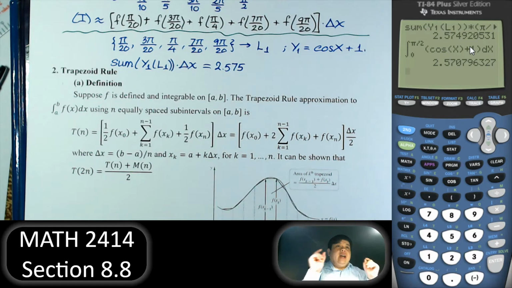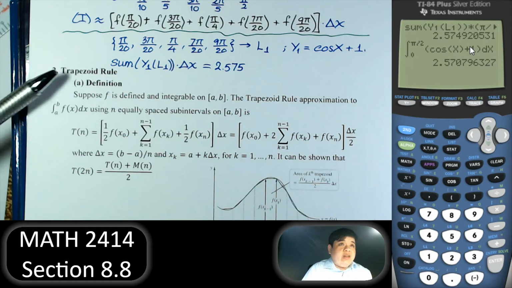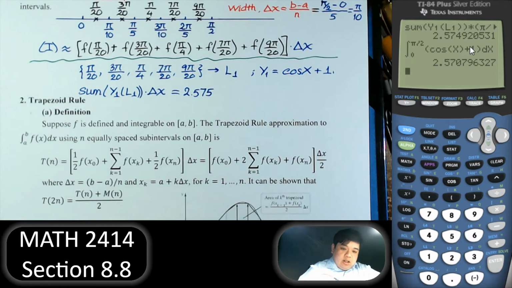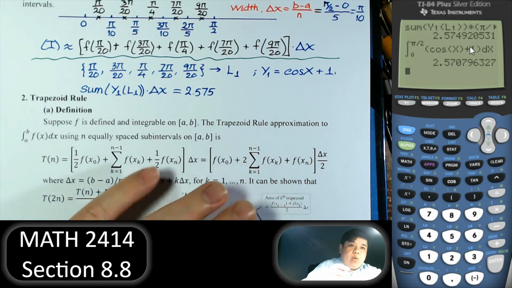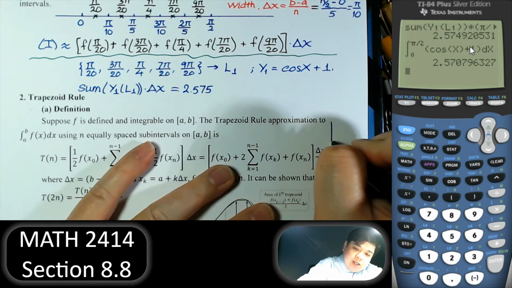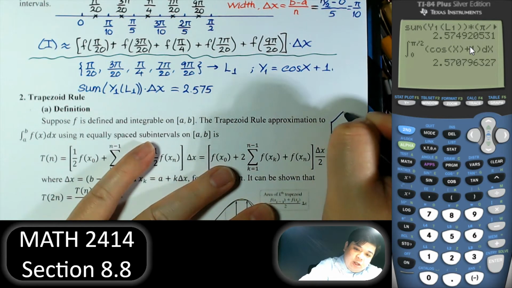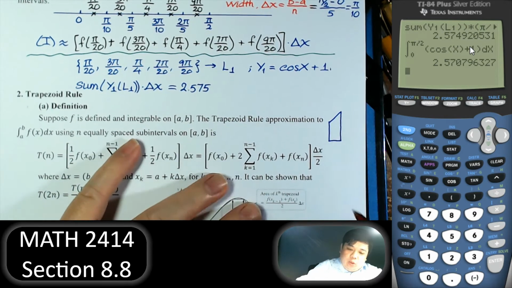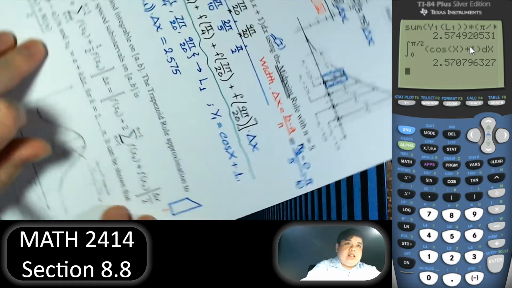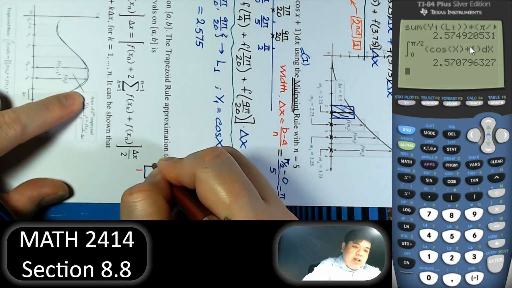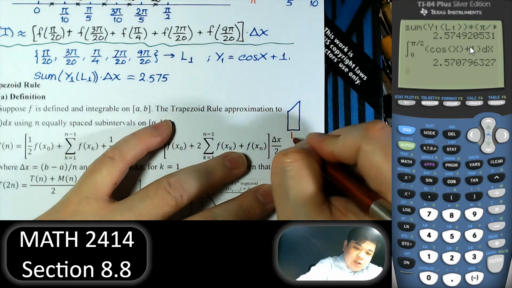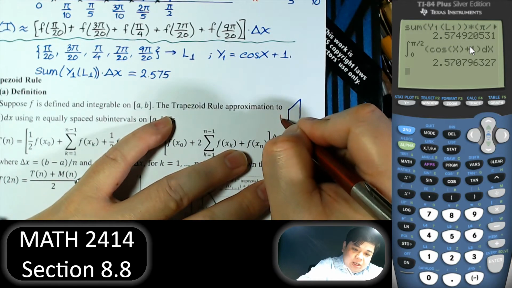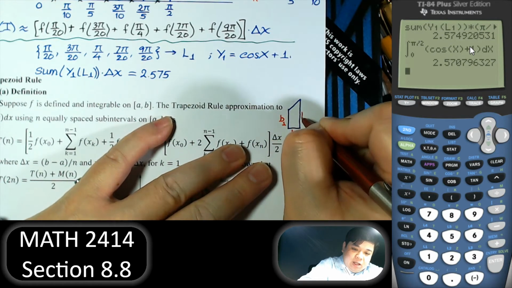We have all the intervals and then take the midpoints. Next we have the trapezoid rule. So first of all, let's look at the trapezoid. I'm not going to draw that sideways. It's upright like this. A trapezoid. Or in the trapezoid, let's say if we turn this sideways, we have the height, and then this is called base number 1 and base number 2.